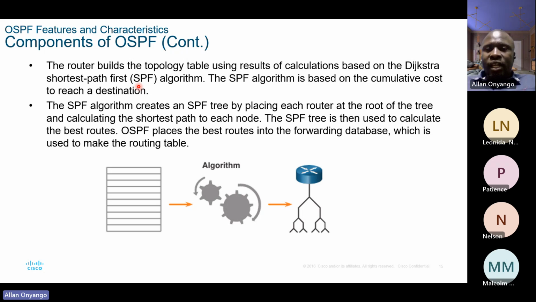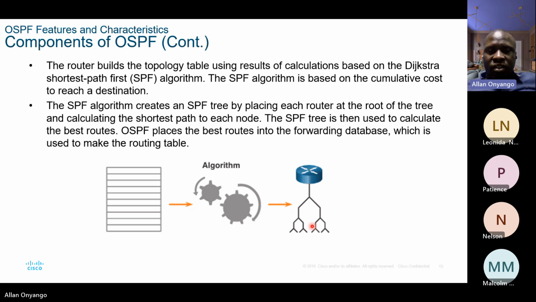So the SPF tree is used to calculate the best routes. Only the best routes will be placed within the forwarding database where we create the routing table. So the routing table will only have the best routes out of the whole map.